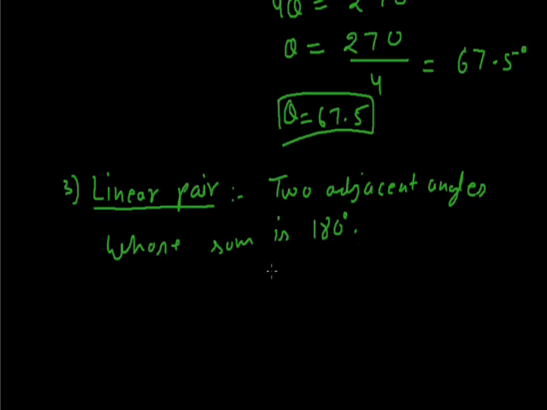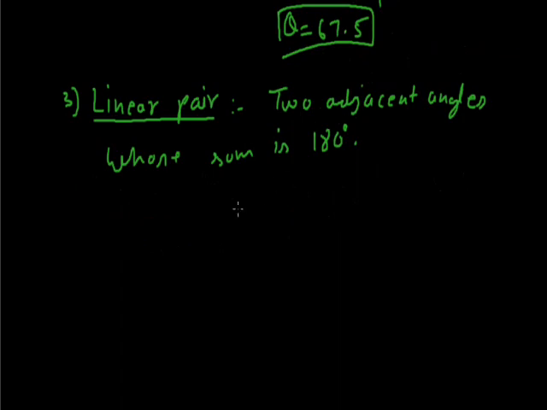We can represent this like this. Suppose there is a straight line and we place a ray over it. There are two angles forming. Let's say this is theta 1 and this is theta 2.